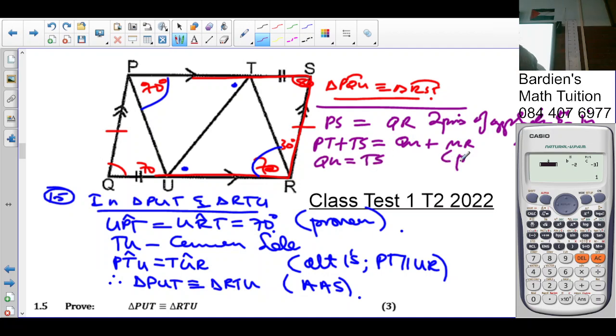Why? Given. So if QU is equal to TS, therefore PT is equal to UR. You see that? Here we got that side. We know that this angle and that length is equal to that length. Why?